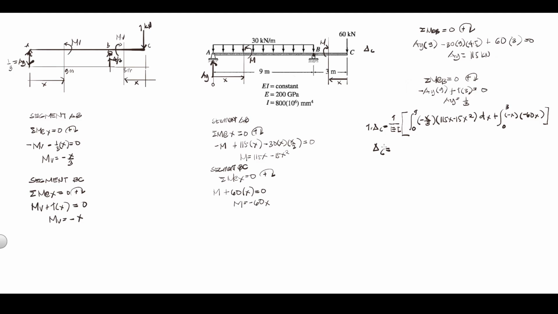So, let's input the value sa calculator natin. From 0 to 9, yung una. Yung pangalawa naman is negative X. Sabayan nyo na ako sa pag-input. 0 to 3.